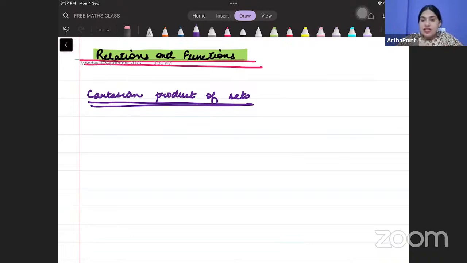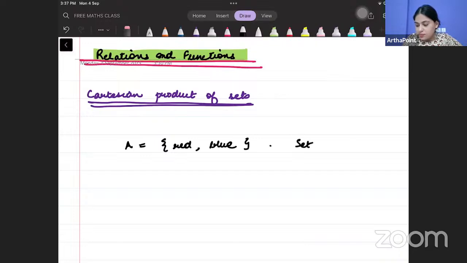एक एलिमेंट हम लेंगे सेट ए का और उसे हम मैप करेंगे बाकी सारे एलिमेंट सेट बी के. फिर नेक्स्ट एलिमेंट लेंगे सेट ए का, उसे मैप करेंगे सारे एलिमेंट सेट बी के. So when we do that, that is known as Cartesian product of sets. So just think about this. I have A, and A is red, comma, blue. This is a set. And then I have B. B is b, comma, c, comma, s.